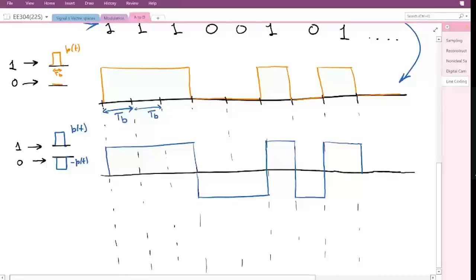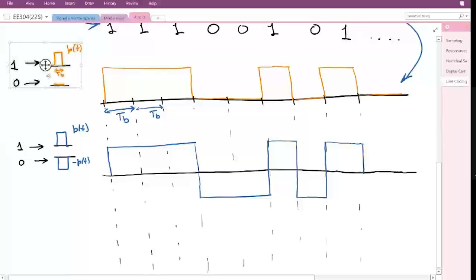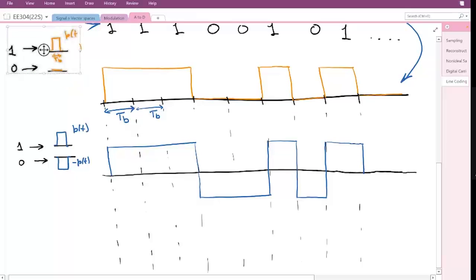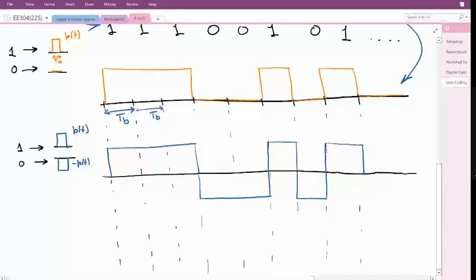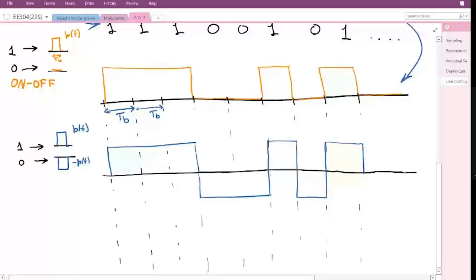So the above one has been given a special name. This is called on-off or NRZ.